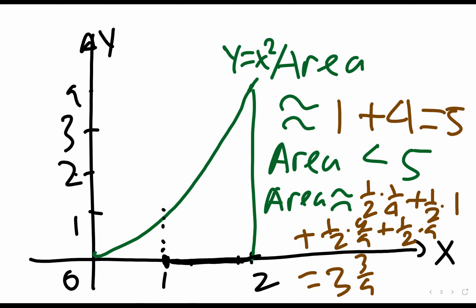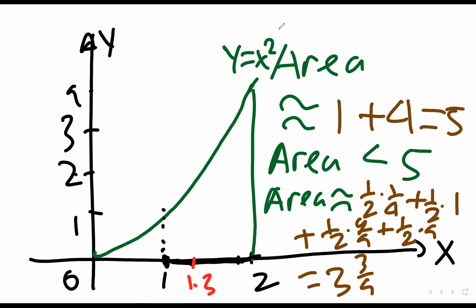Then I may choose the rectangle as follows, this one, or this one, or I can choose any point between 1 and 2. For example, just arbitrarily, 1.3.